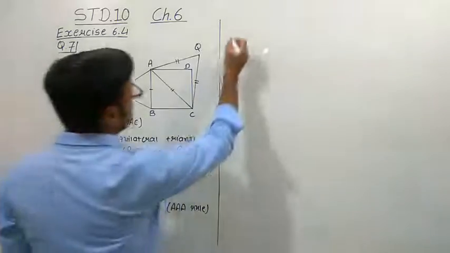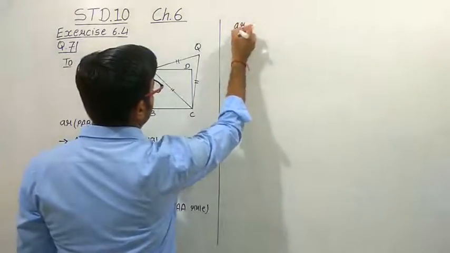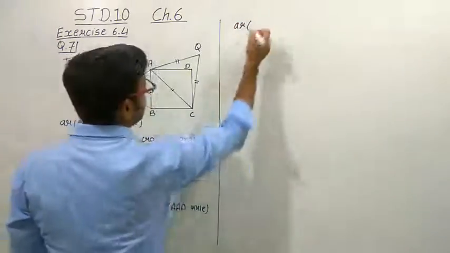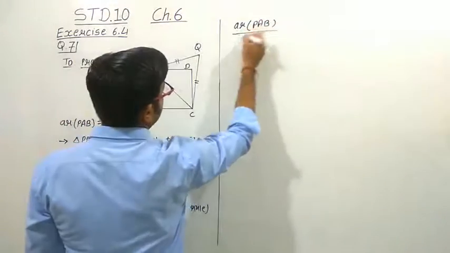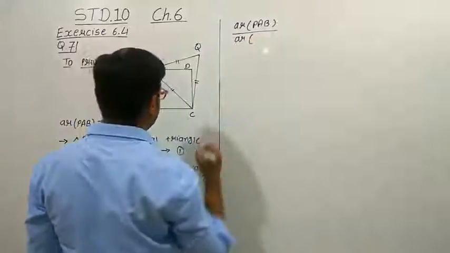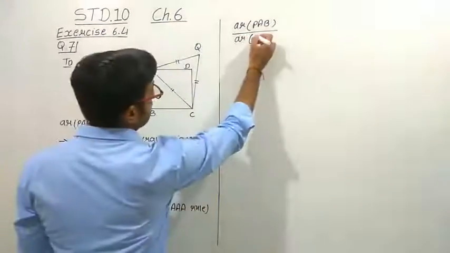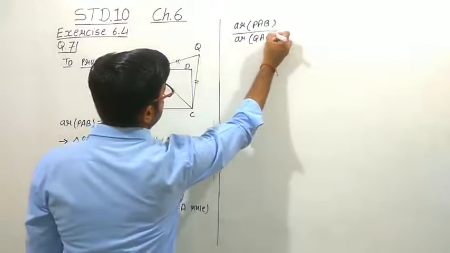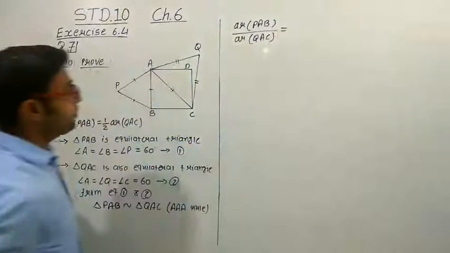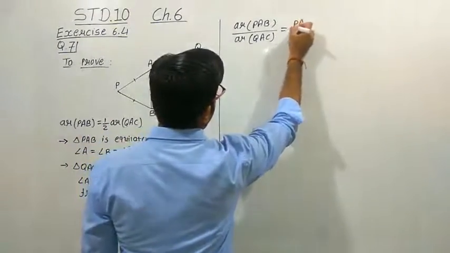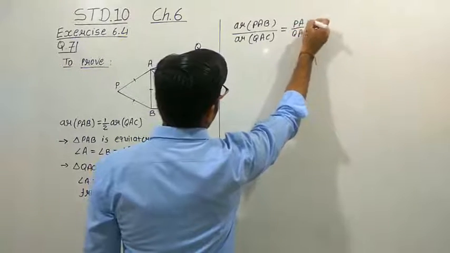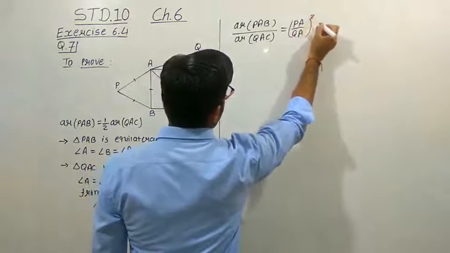Now as these two triangles are similar, we can write the ratio of their areas as area of triangle PAB upon area of triangle QAC, and it will be equal to PA upon QA whole square.